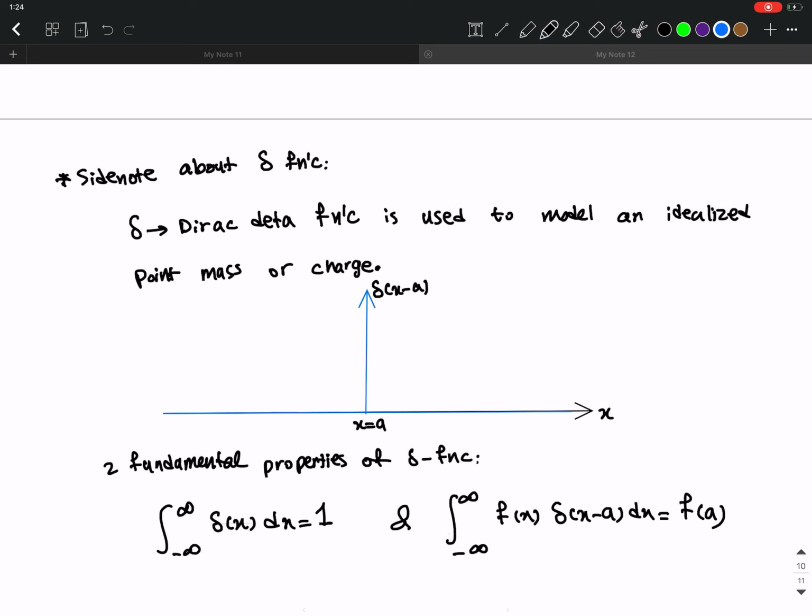So it just converts the whole integral, when you multiply it by the function, to the function evaluated at x equals a.